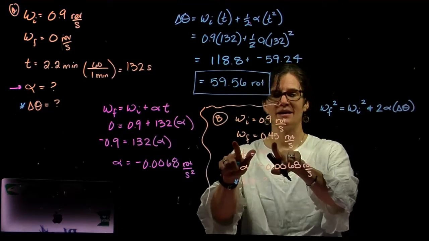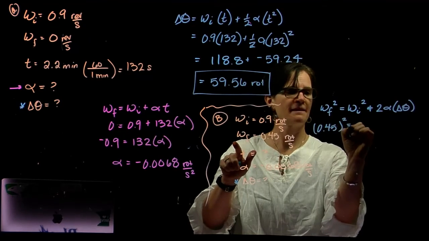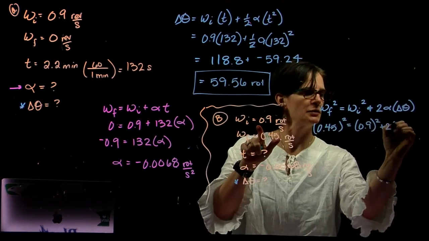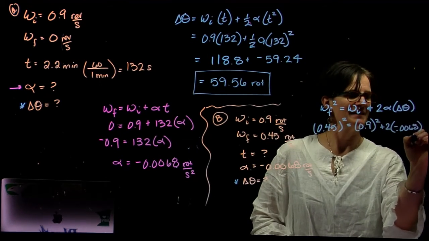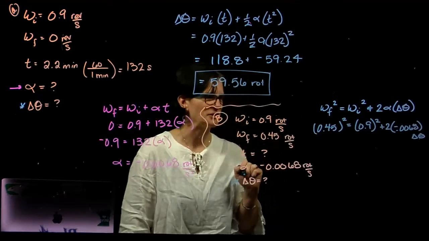So omega final squared, 0.45 squared, is equal to 0.9 squared plus 2 times negative 0.0068 delta theta. I hope that's still on the screen. Sometimes it gets off calibration.